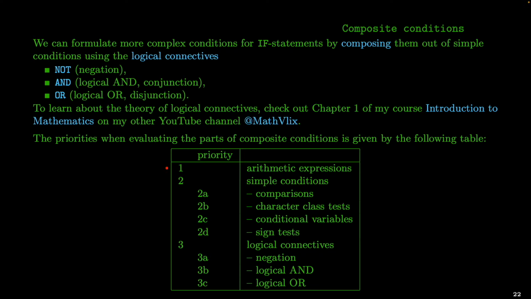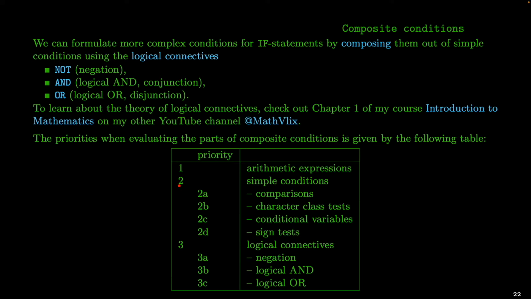So with the highest priority, we evaluate arithmetic expressions, and you might recall from the previous chapter where we studied arithmetic expressions how the priorities of the different operators within the arithmetic expressions are ordered. Then the next highest priority is given to simple conditions.